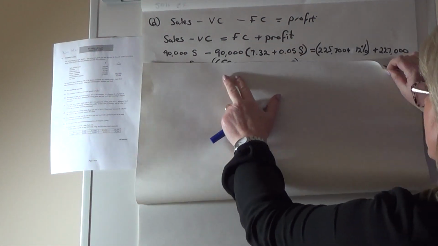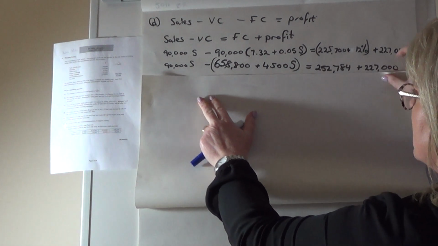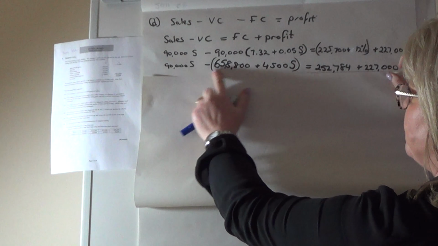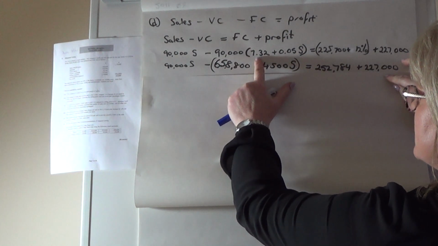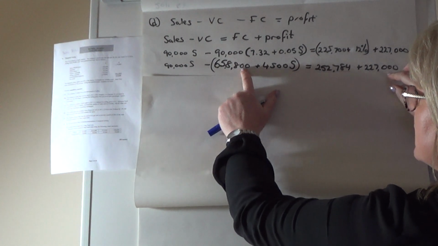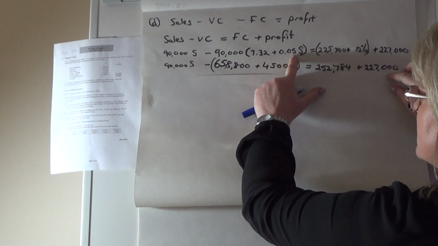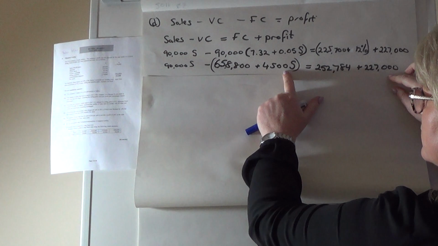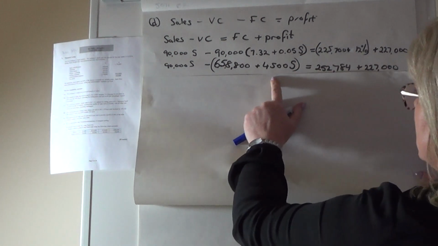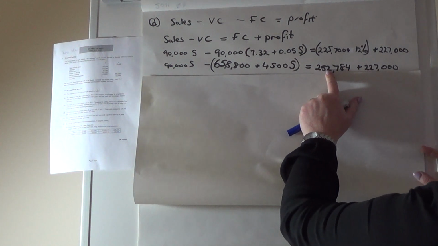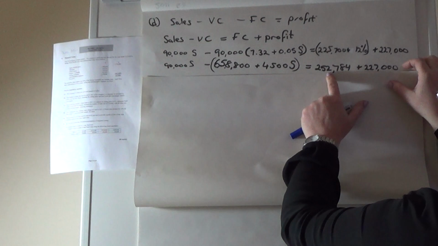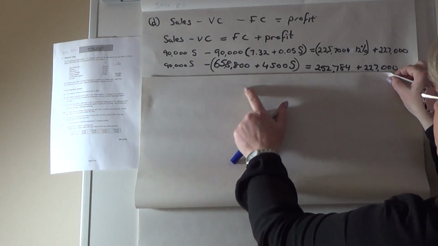So if I multiply that out, 90,000 by the selling price remains the same. 90,000 by 7.32 becomes 658,800, and 90,000 by 0.05 is 4,500 by S, the selling price. So on the opposite side, adding on my 12%, 252,784, plus the profit.